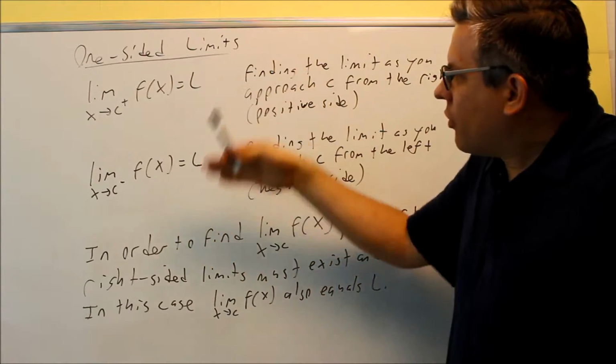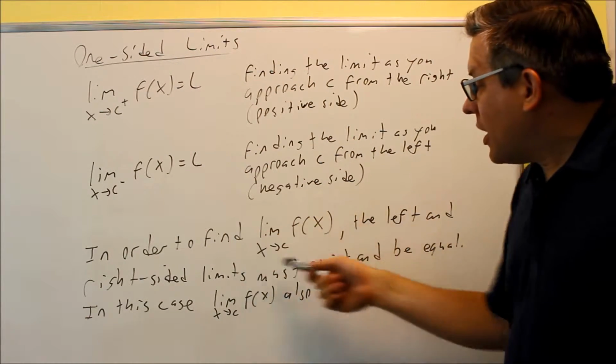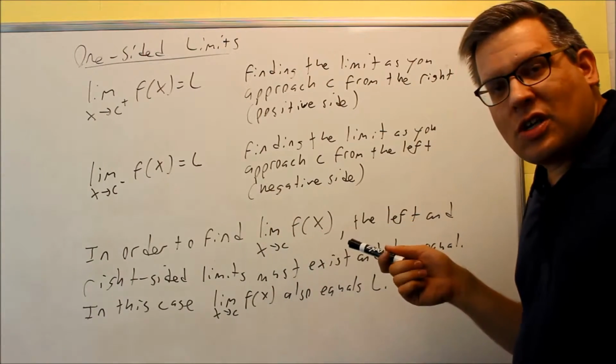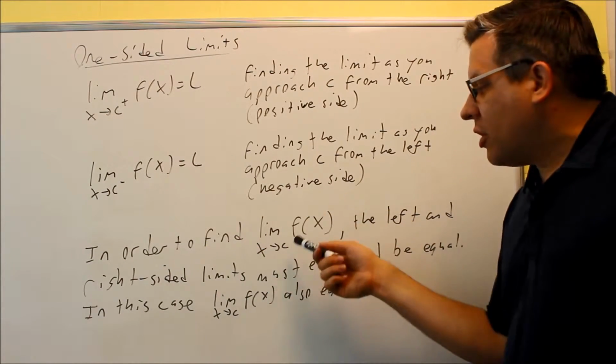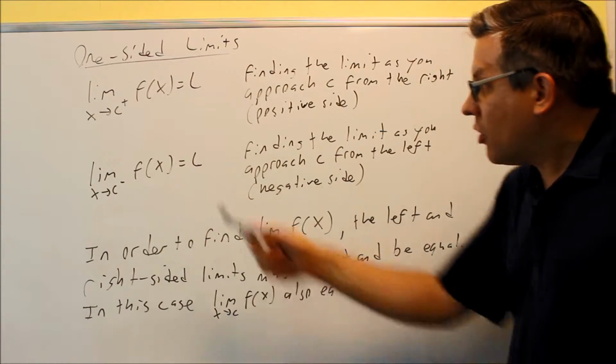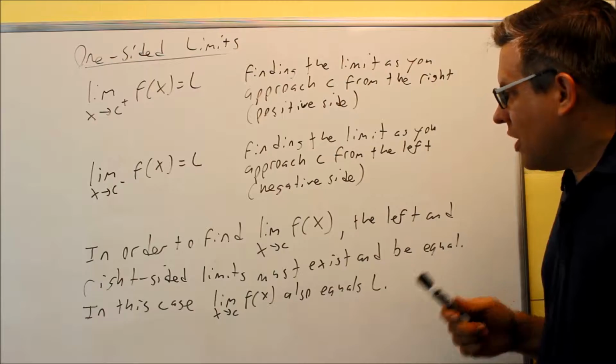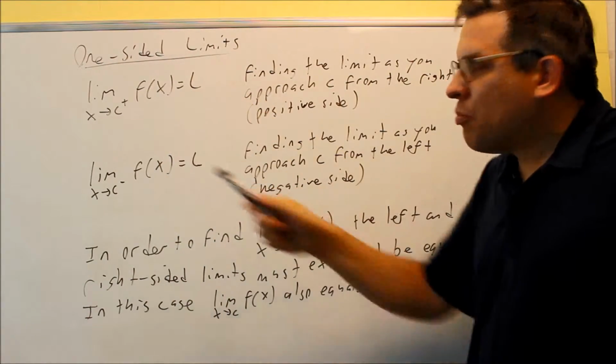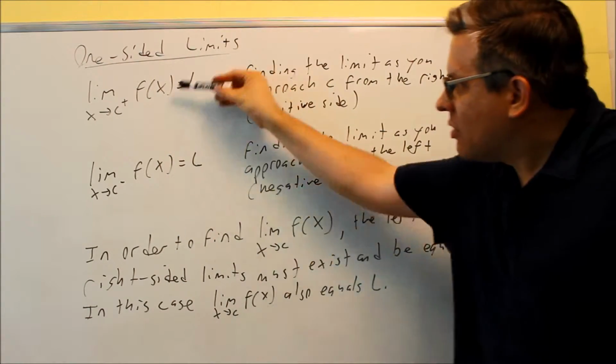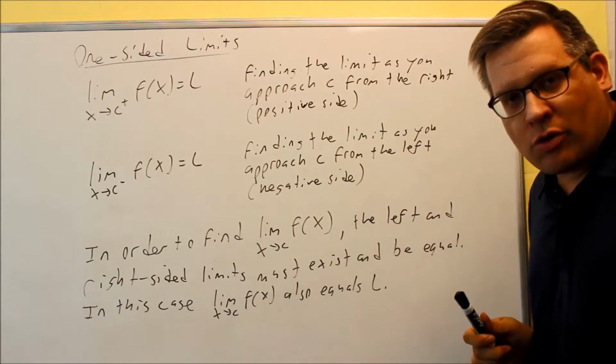So both of these make up the limit as x approaches c. If you want to find the limit as x approaches c of f of x, where we don't have plus or minus, we just have regular c, then this is what has to be true. These two must not only exist, but both of these must also equal each other.